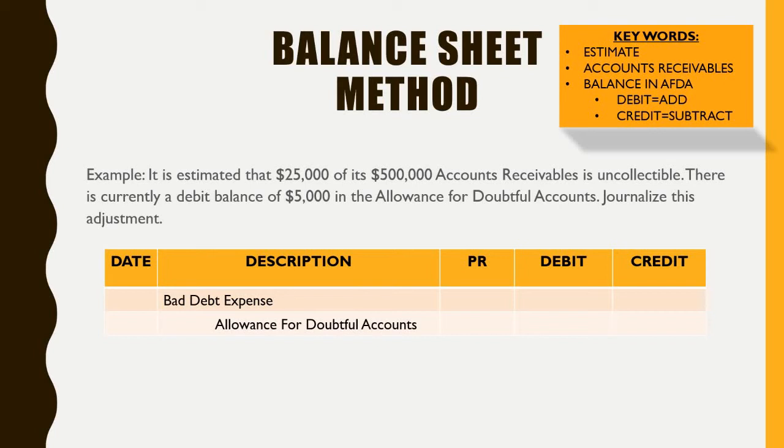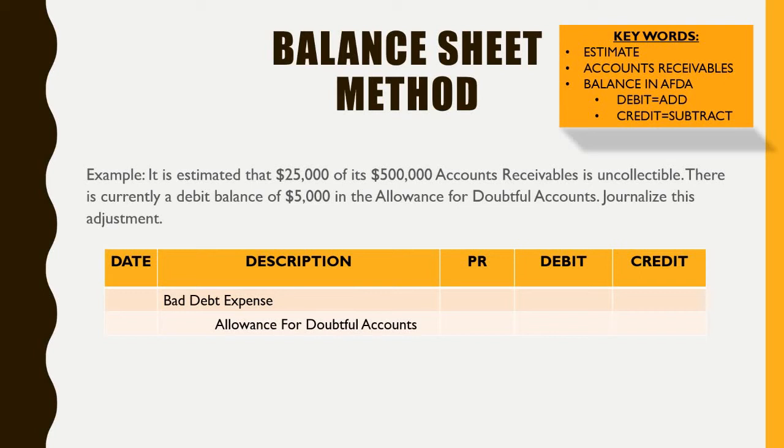So in this case, the journal entry is going to look like this. Obviously, it's a bad debt expense. It's an expense account, and that's what I'm going to write off. My allowance for doubtful accounts is where I'm taking that amount from, and I'm writing that off as well.